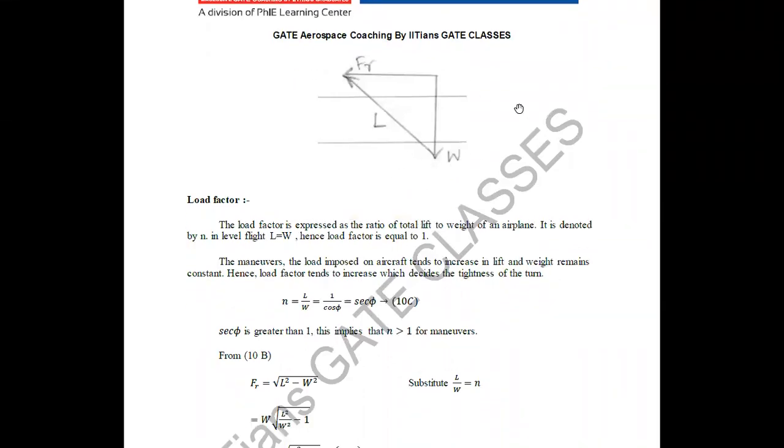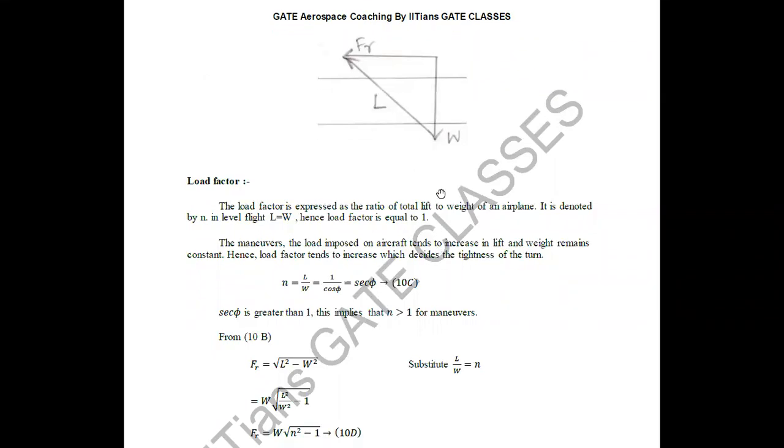From this figure, using Pythagoras theorem, we can write lift square, that is hypotenuse square, equal to the sum of adjacent squares. That is L square equal to W square plus FR square, where FR is the resultant force. If I rearrange, FR equals square root of L square minus W square.